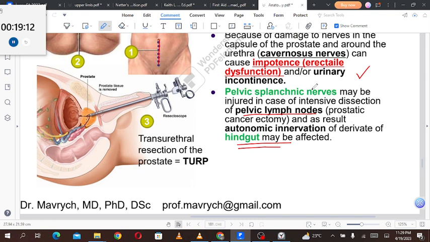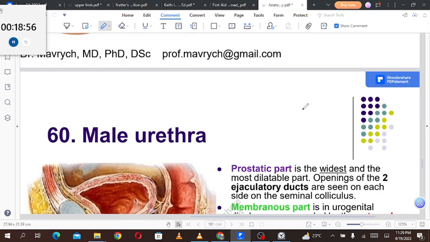But if we are doing pelvic lymph node dissection, the pelvic splanchnic nerves can be damaged. When we are doing prostatic cancerectomy, we need to do pelvic lymph node dissection as well, and as a result, autonomic innervation of the derivatives of the hindgut may be affected.